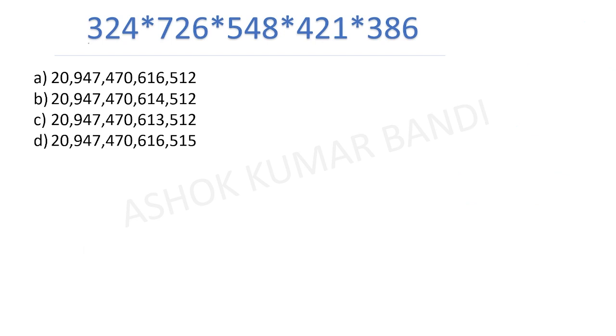See here, 3 plus 2 plus 4. 3 plus 2 plus 4 means you are going to get 9 here. Again, 7 plus 2 you can ignore, you can take 6. And again, if you want to do it like this, then 4 plus 2 plus 1 is going to be 7.